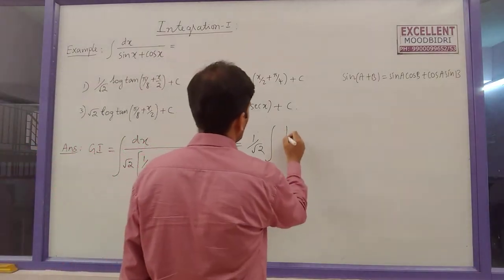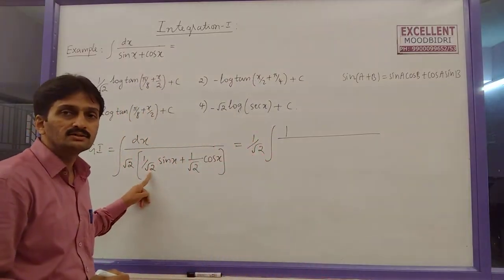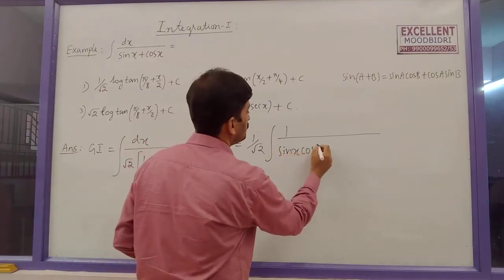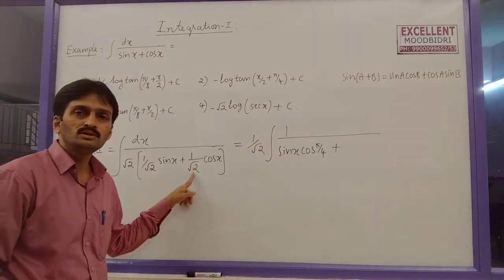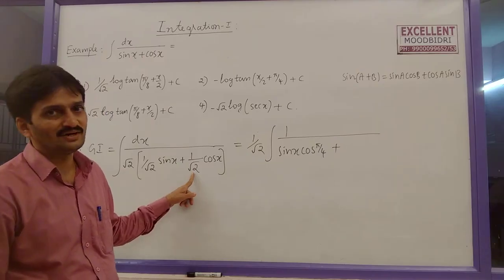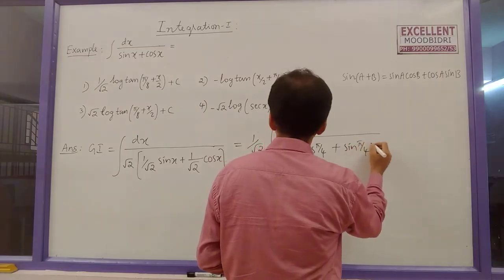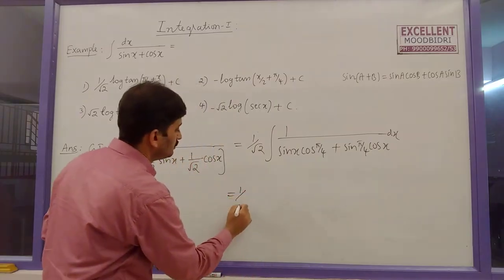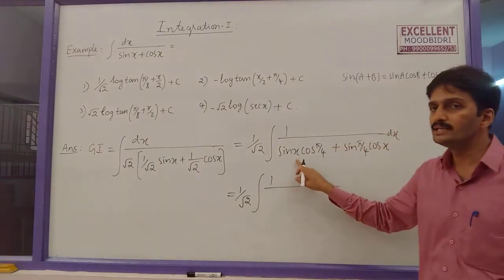So integration of 1 by, now 1 by root 2 can be written as cos 45, so sin x into cos pi by 4 plus, and this 1 by root 2 can be written as sin 45. Don't write it again as cos 45. Sin 45, so sin pi by 4 into cos x dx, which is equal to 1 by root 2 into integral of 1 by, now look at this, compare this and this.